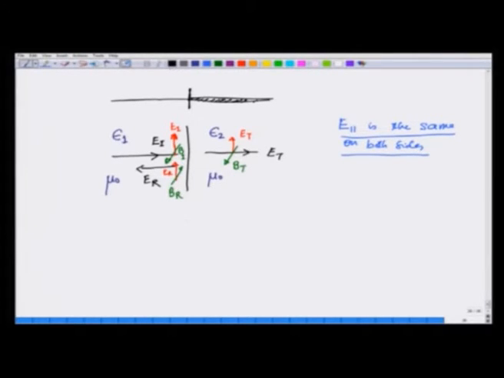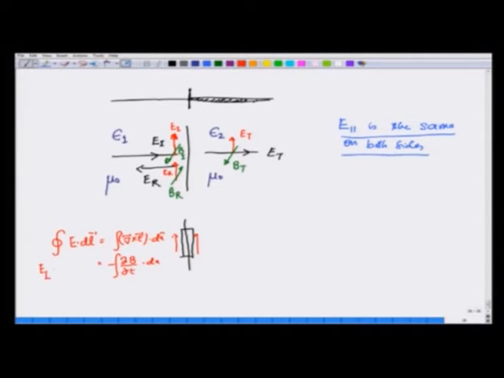If I look at this boundary and make a very small loop here, the E field on this side is like this, on this side is like this, then the integral of E dot dl is going to be equal to the integration of curl of E dot da. Curl of E is nothing but minus dB dt, dot da, and this is E on the left hand side.